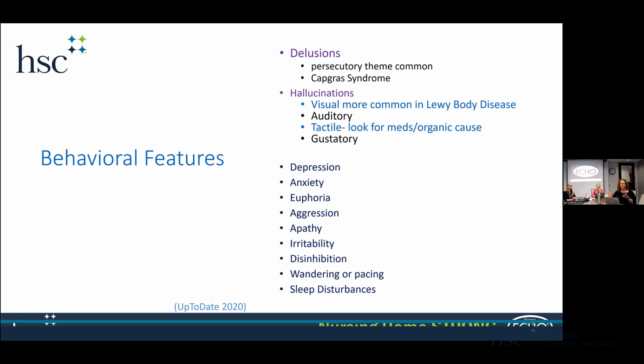So just behaviors that are out of character for them. And then, of course, we see the wandering and pacing, and a lot of changes in sleep. So those are the ones that we are trying to address, so that we can make the patient more comfortable.